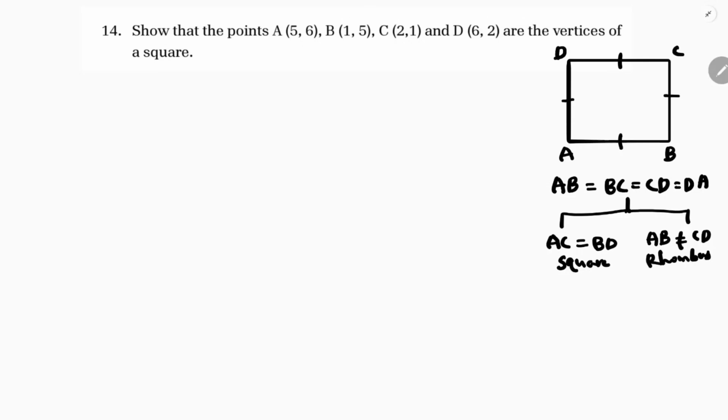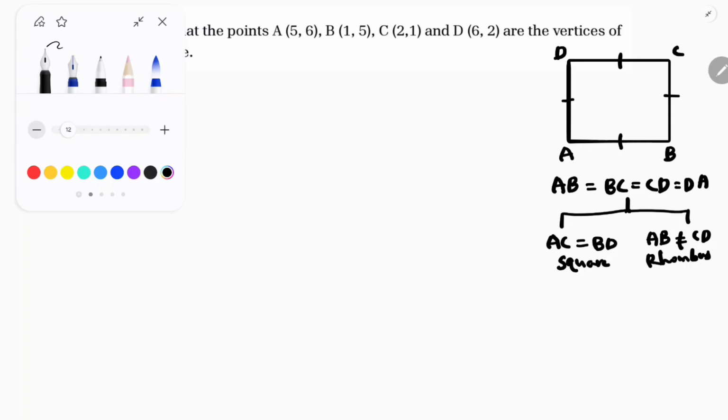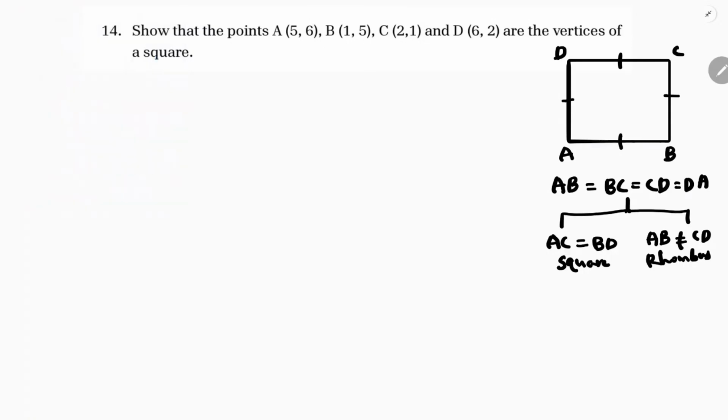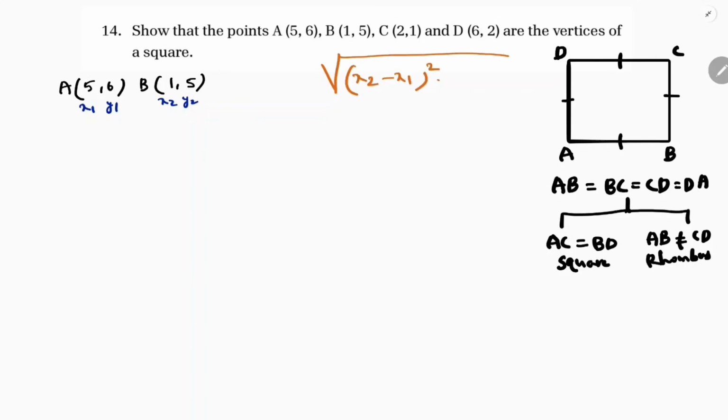So the four vertices A, B, C, D are given. First, I'll find the distance between A(5, 6) and B(1, 5). So x1, y1, x2, y2. I'll use the distance formula: under root, x2 minus x1 whole square plus y2 minus y1 whole square.